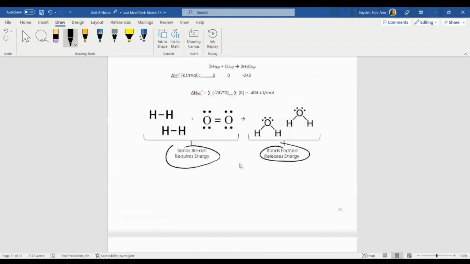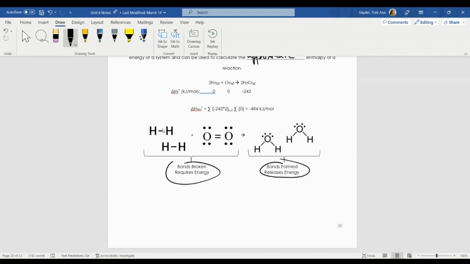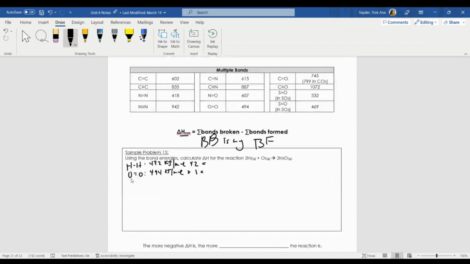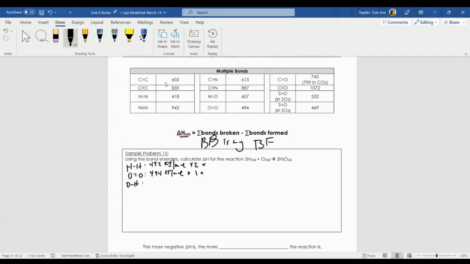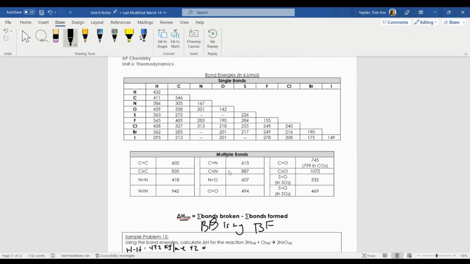In order for this reaction to occur, 2 molecules of H2 react with 1 molecule of O2 to give me 2 molecules of H2O, but in my products, I have 4 oxygen-hydrogen single bonds. An OH bond has a bond energy of 459 kilojoules per mole, and I have to multiply that by 4 because there are 4 of those bonds.